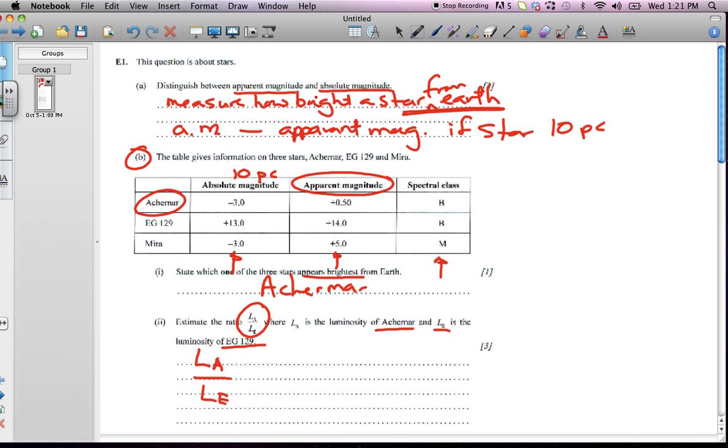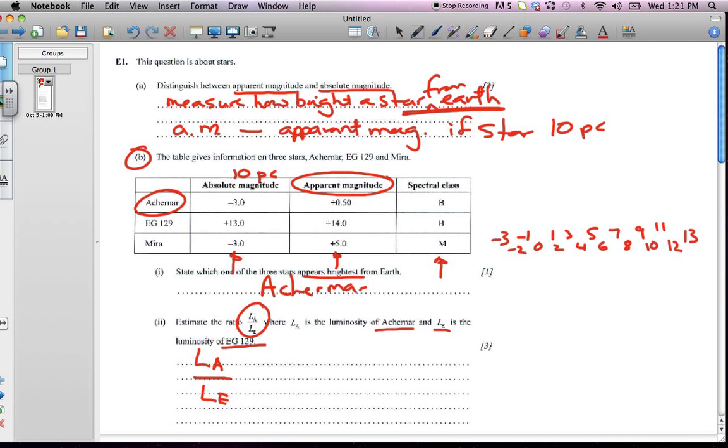We've got Acamar at -3. Now I'm going to do this in full. It may seem a little bit long-winded, but let me do it in full. And this is 13, and we know the scale goes up, so I'm going to just do it like -2, -1, 0, 1, 2, 3, 4, 5, 6, 7, 8, 9, 10, 11, 12, 13.